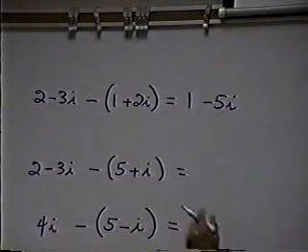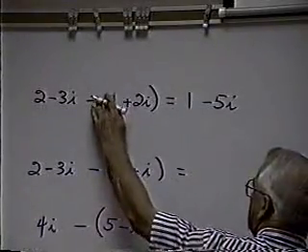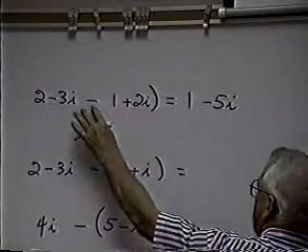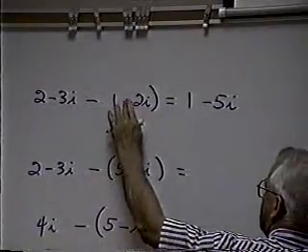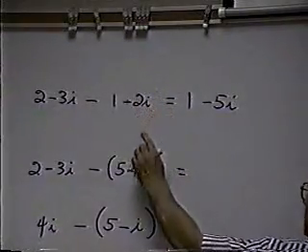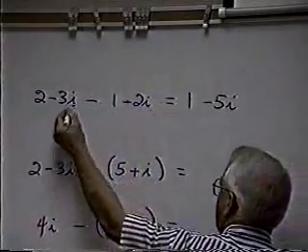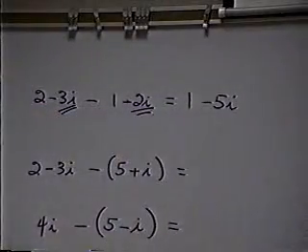The other way of doing it is to say, all right, I want to remove the parentheses. So minus times this plus 1 is a minus 1, and the minus times the plus is a minus 2i. And now we're back to adding. Add the real part to the real part, we get 1. Add the i to the i, we have a minus 3 added to a minus 2, which is a minus 5.